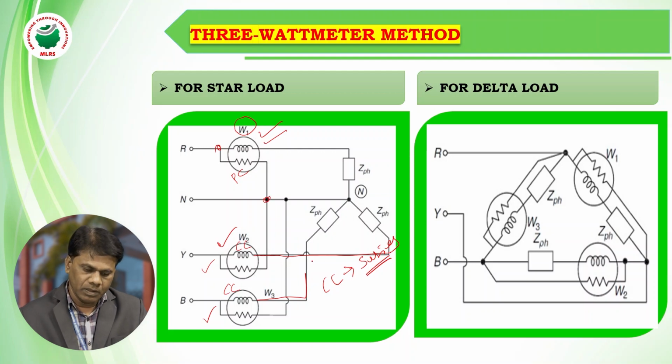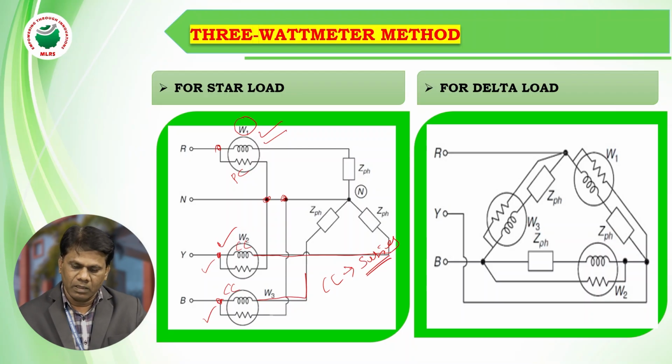Similarly, the pressure coil of wattmeter 2 is connected between the Y phase and neutral, and the pressure coil of wattmeter 3 is connected between the B phase and neutral. So this is the way the wattmeters are connected in each phase, with the pressure coil connected between line and neutral.